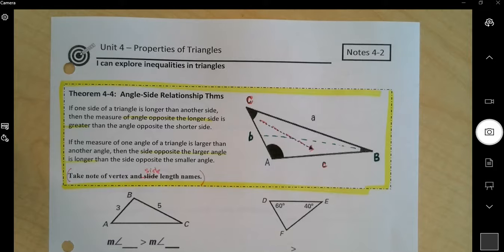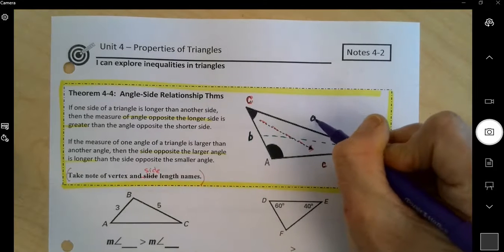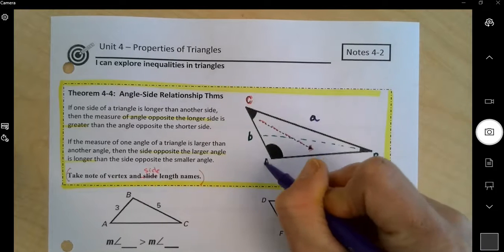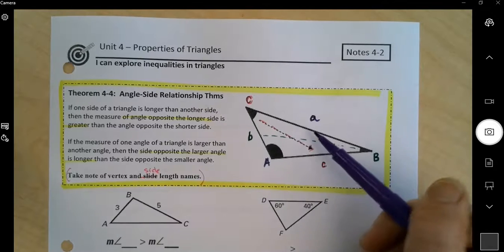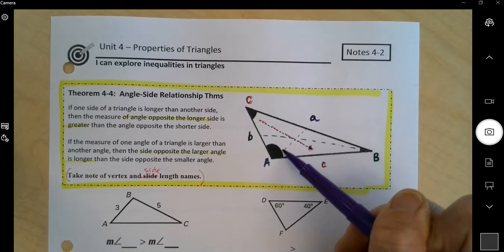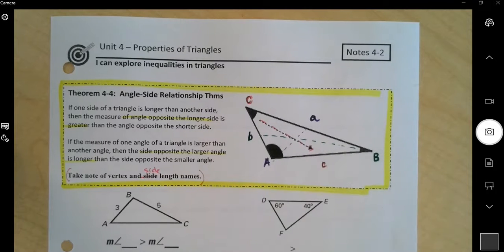So across from, opposite. So if I have little letter A and capital letter A, they are opposites. So when we like to name things, triangles and sides, it helps us to call them by the same letters.